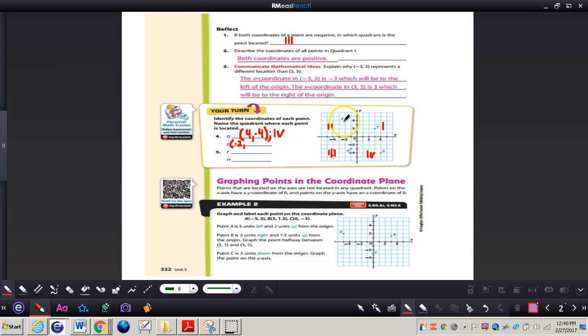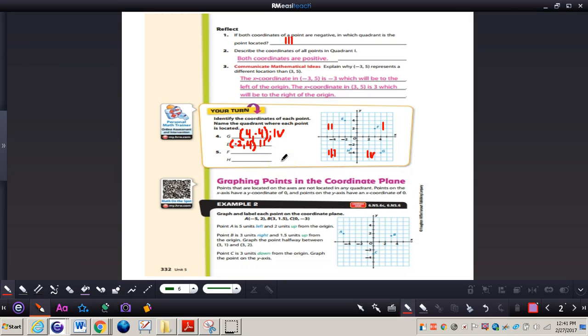Then we move up on the y, which means it's going to be a positive number then. So we have -2, and we can see that E is right in line with the 4, where we move 4 places up on that y-axis. So it's (-2, 4). And the quadrant, you can see we have quadrant 1, quadrant 2. You can see E is in quadrant 2.